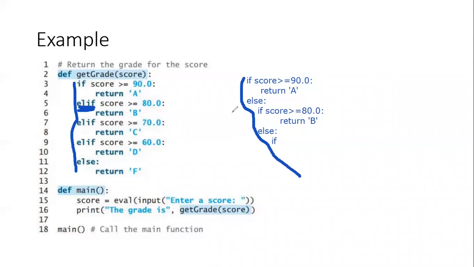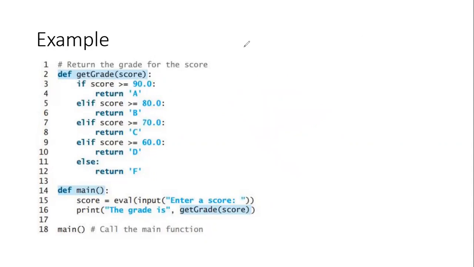Those things you need to keep in mind when you're writing it. So then this function, once you pass the marks, it will just decide which step returns first.